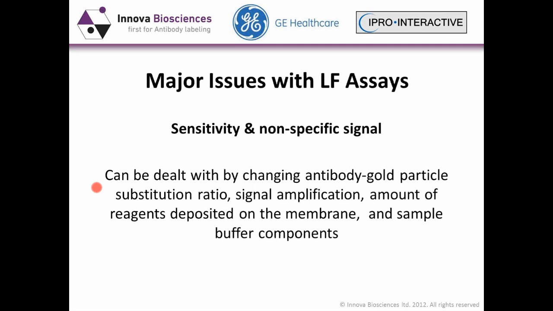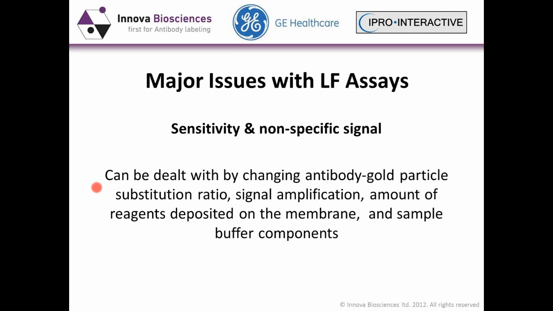The major issues with lateral flow assays are really two, basically: sensitivity and getting rid of the non-specific signal that quite often happens in lateral flow assays. In this presentation, there's not enough time to go through all the different options that one can use.